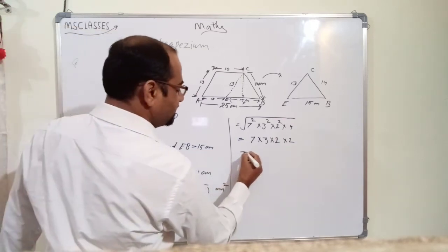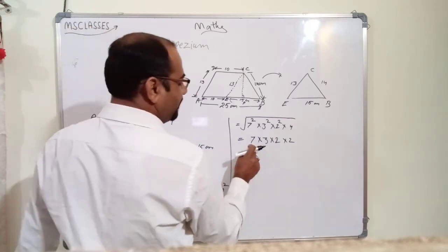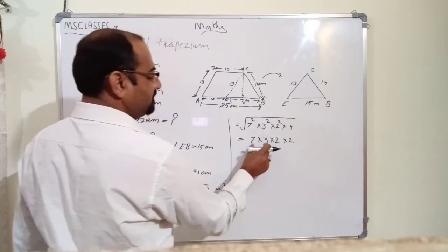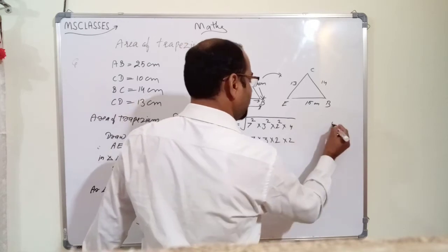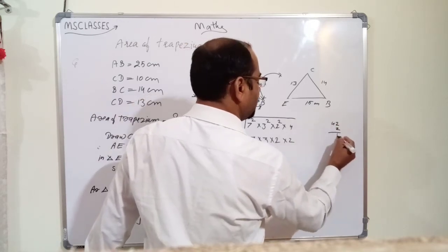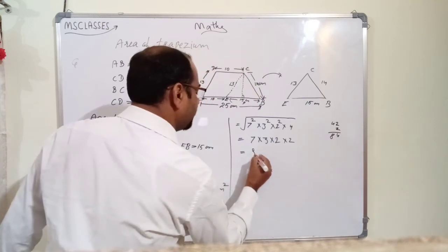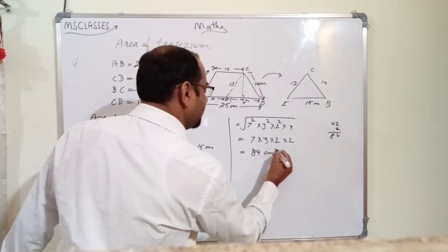Then the multiplication of this is 7 3s are 21, 21 2s are 84 centimeter square.